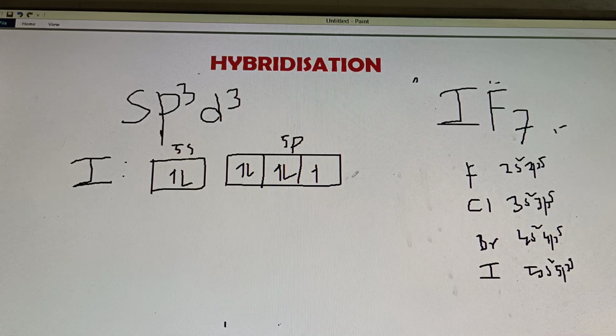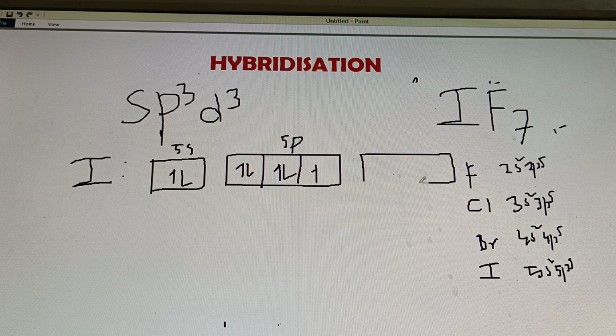Now here the 5d orbitals are present, five of them, which are vacant.